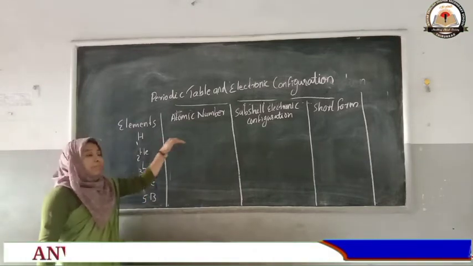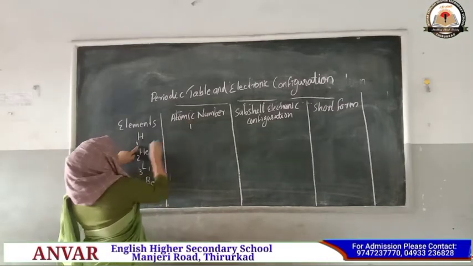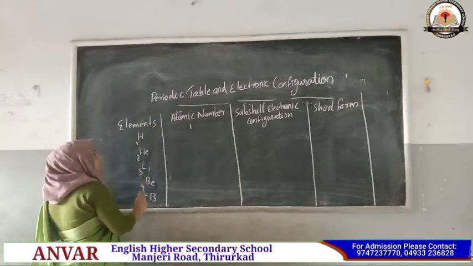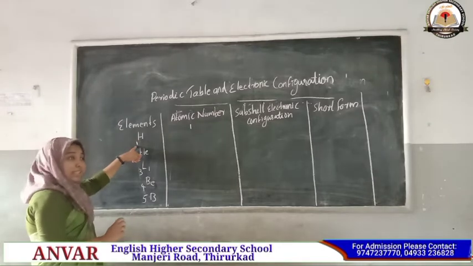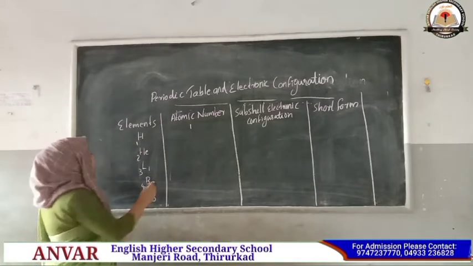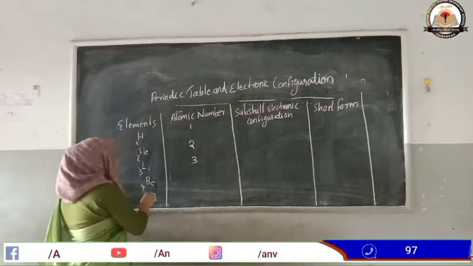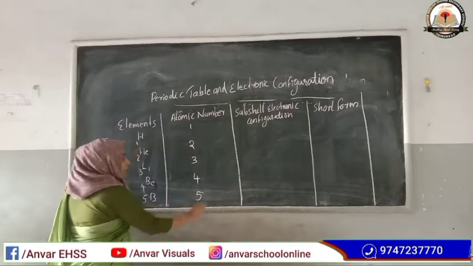What is the atomic number of hydrogen? You know, 1. The number at the bottom left side represents the atomic number. Hydrogen 1, helium 2, lithium 3, beryllium 4, boron 5.